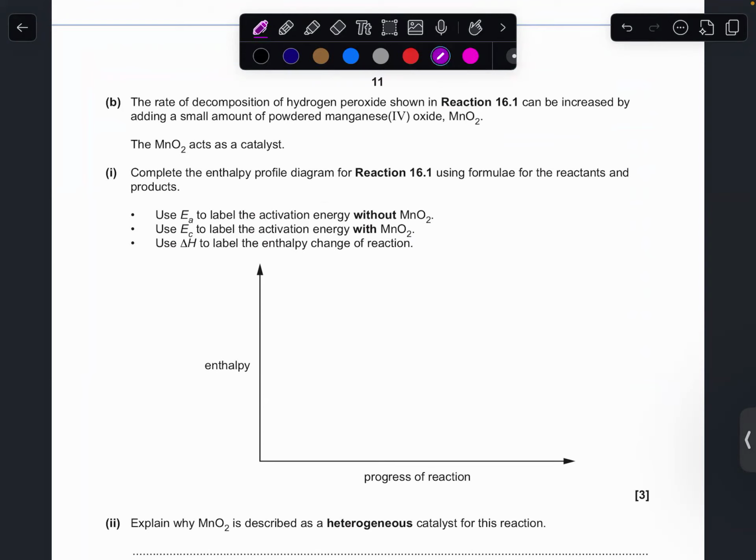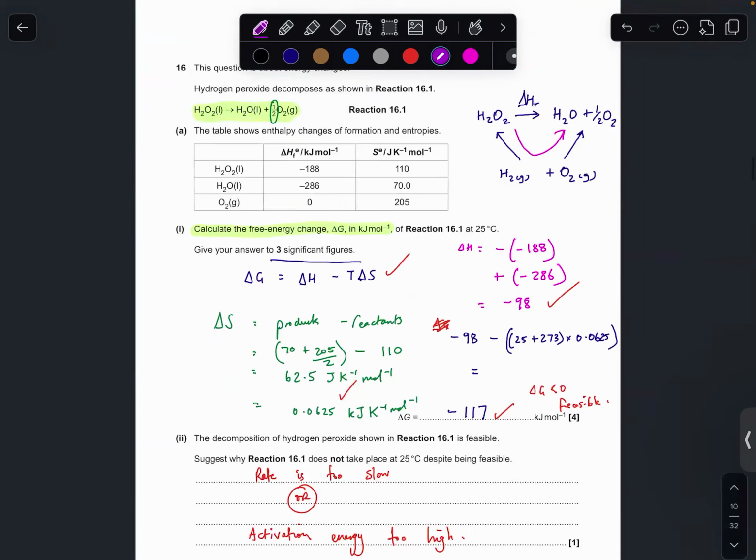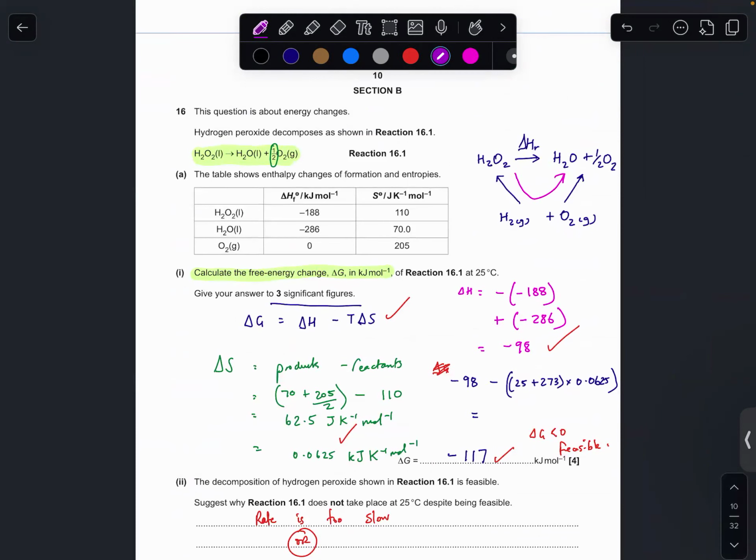It can increase the rate by adding a small amount of powdered, which is a solid, manganese oxide, MnO2. It acts as a catalyst. Complete the enthalpy profile diagram using the formulae for the reactants and products. We know that it is an exothermic reaction because we worked that out before over here.